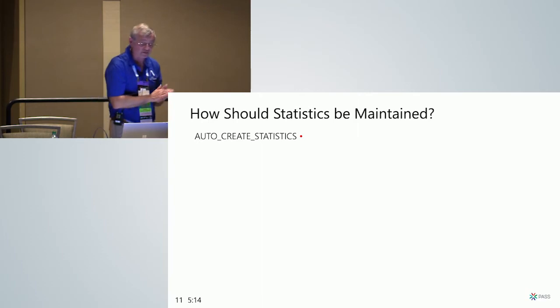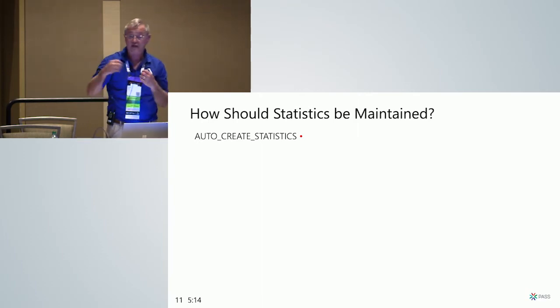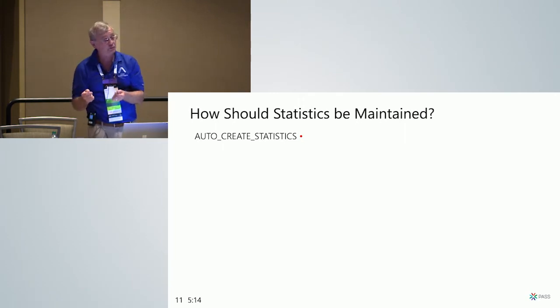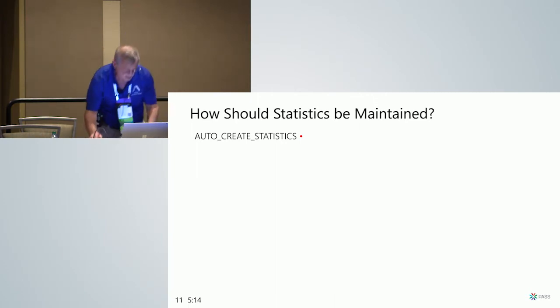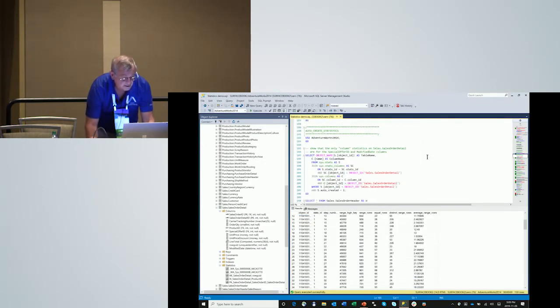This is an option, auto-create statistics. Again, I suggest that you leave it on, and that's that rule that I said: when a column is referenced in a predicate, if statistics don't already exist with that column as the lead column, they will get created. And as an example, here's a query just to show.